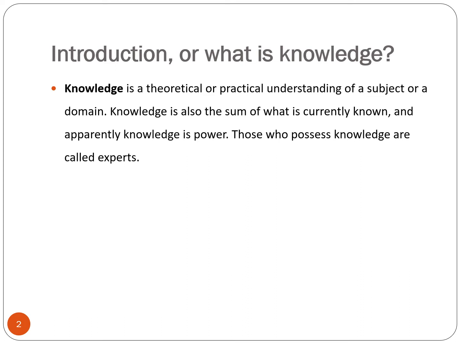Okay, knowledge is defined actually as a theoretical or practical understanding of a subject or a domain. Okay. So it means that when we talk about knowledge in the system, it is a narrow domain. We don't use it as a general domain. It is supposed to be specific to a particular niche area.